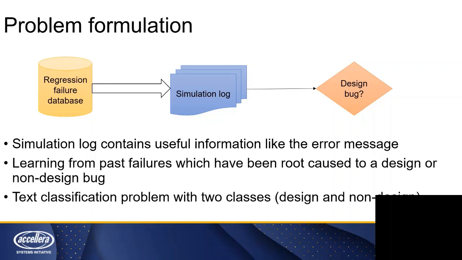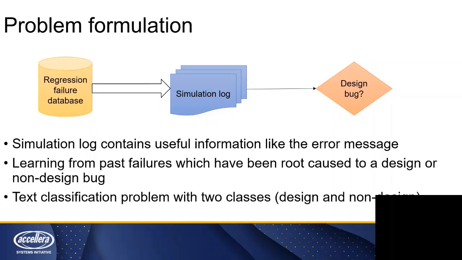This ML model classifies an input message as a possible design or a non-design issue based on learning from the past failures. Non-design here refers to examples such as test bench issues or BFM issues, among others.